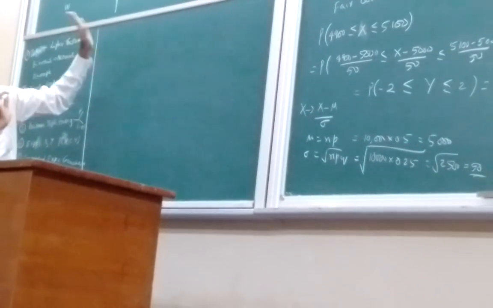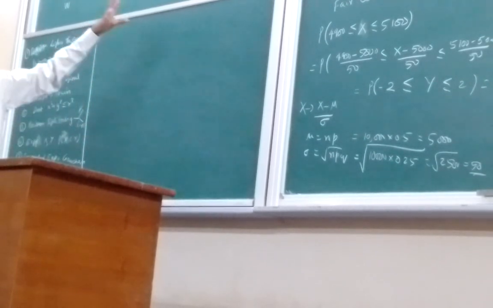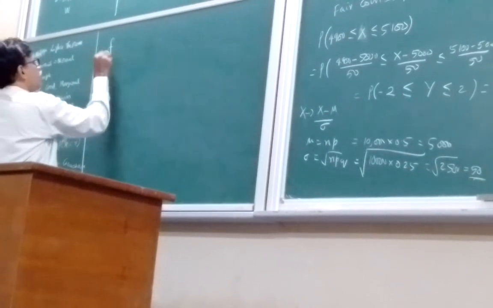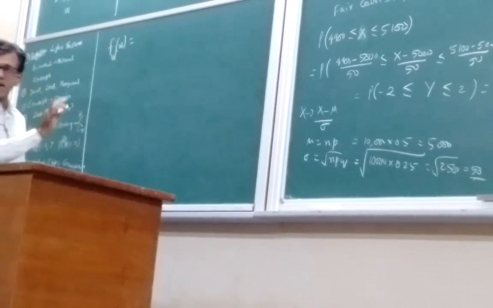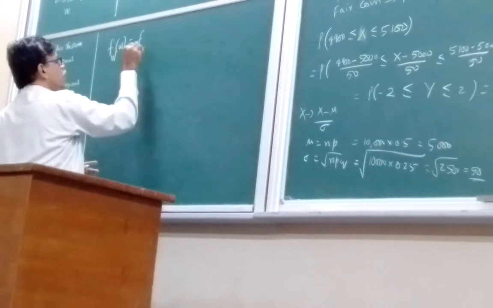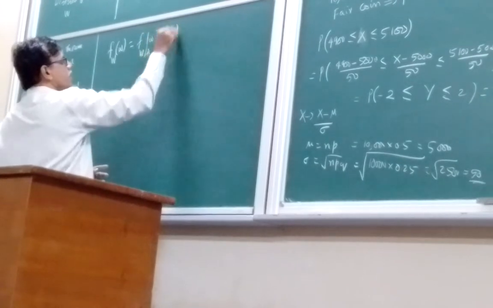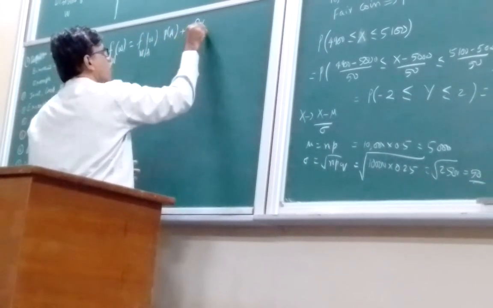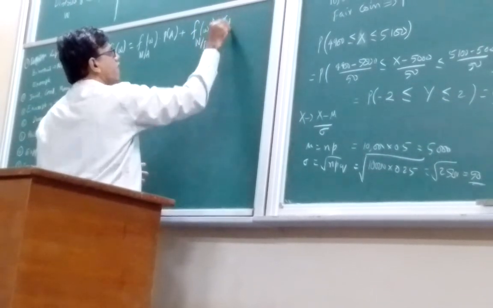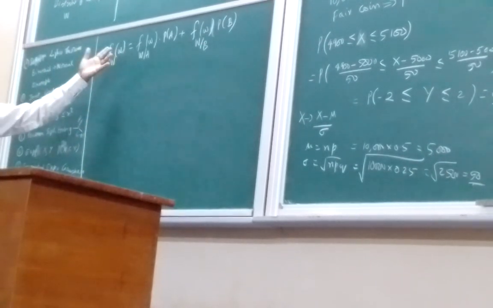So what we have done is we have found the conditional density functions on two conditions A and B, which are mutually exclusive, collectively exhaustive. So f_W(w), the unconditional density function of the waiting time, is f_{W|A}(w) into P of A plus f_{W|B}(w) into P of B. Again, this I believe I have mentioned, this is the total probability.